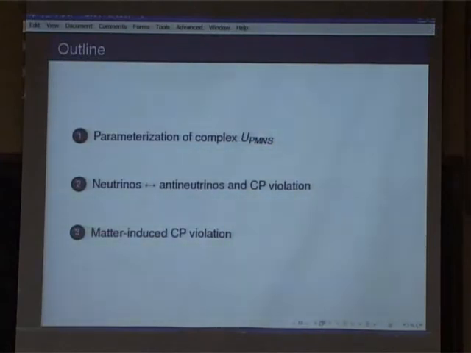So what we'll do today is go to complex mixing. Yesterday was all real mixing. So first we'll try to see how to parameterize this complex mixing matrix.